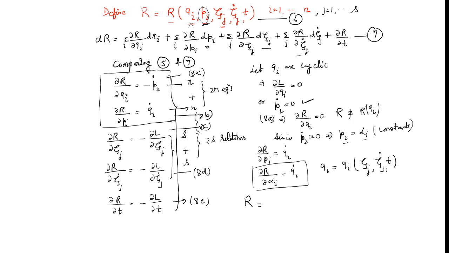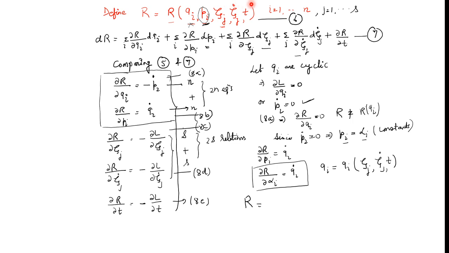In this r, you see that these are absent, these are constants, and whatever the velocity, if there is some qi, these are absent. Why do we say that these are absent? Because you see here these qi are replaced in terms of these non-cyclic coordinates and their corresponding velocities.